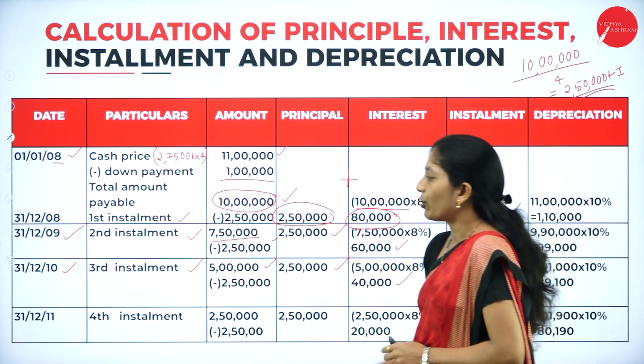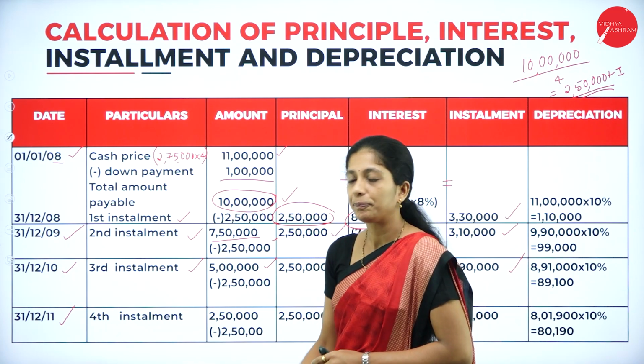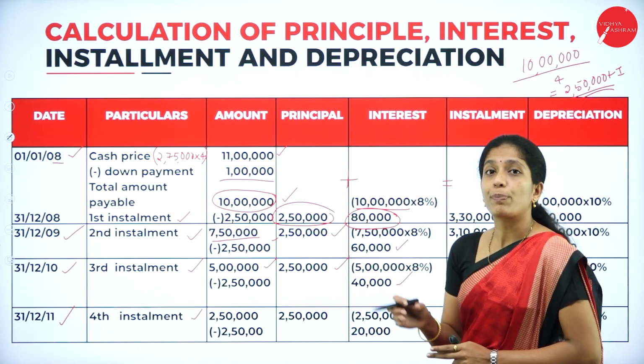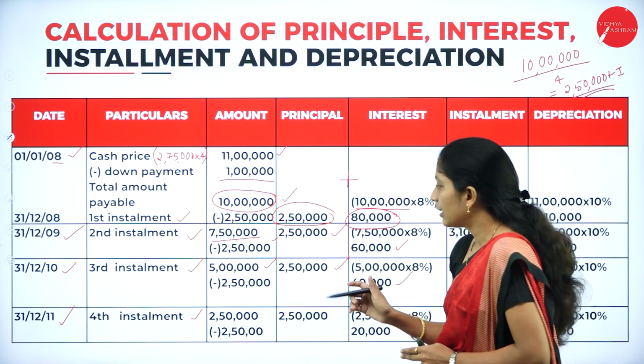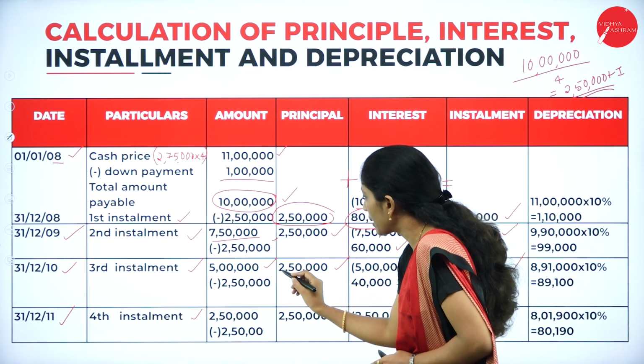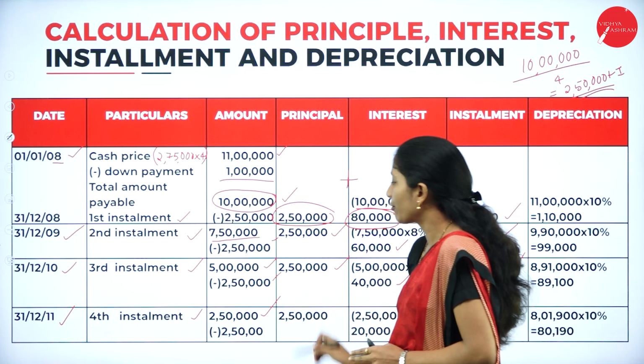In the same way for the fourth year, the fourth installment is on 31st December 2011. Now what you have to do? The amount payable in the third year was 5 lakh and we have paid this 2,50,000. So 5 lakh minus 2,50,000, how much will we get? 2,50,000.